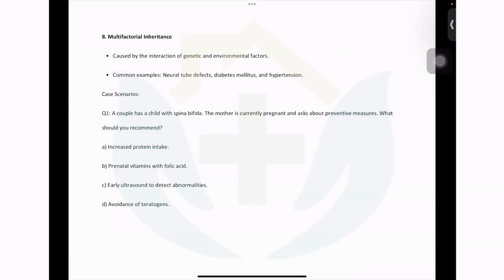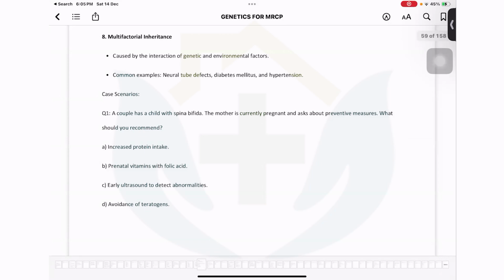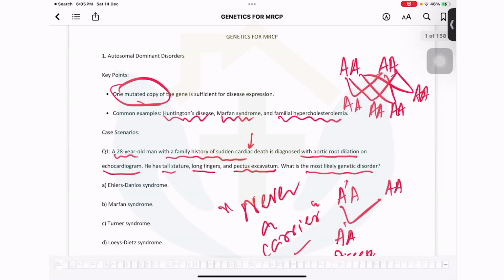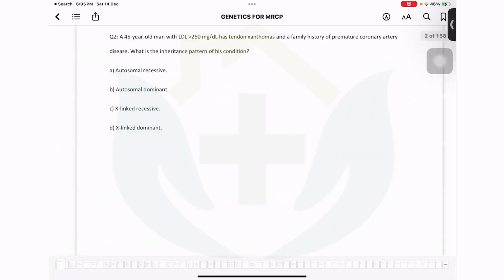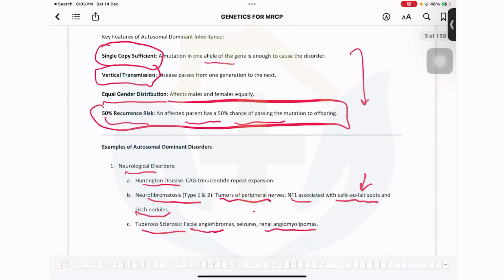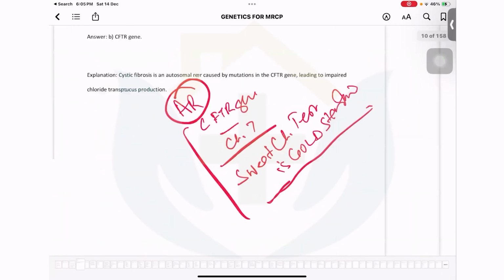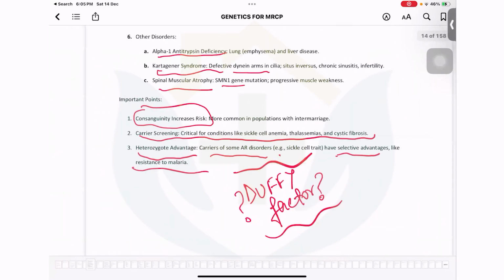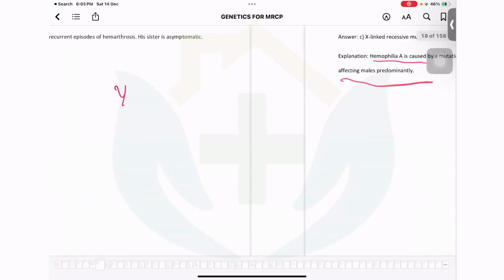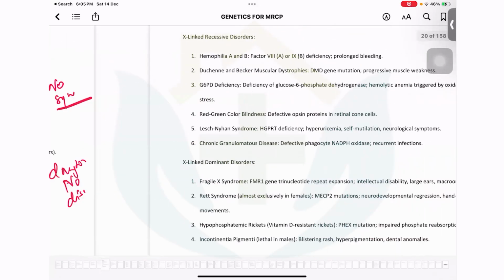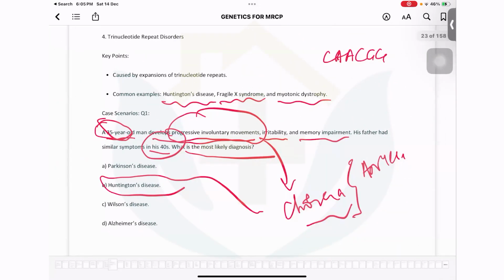So we are now on multifactorial inheritance. What we've covered is autosomal dominant disorders, autosomal recessive inheritance, the X-linked ones, and some topics on trinucleotide repeat disorders.